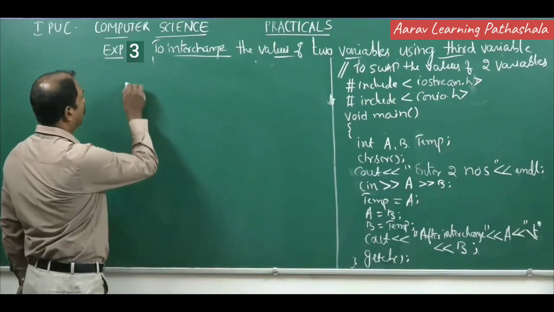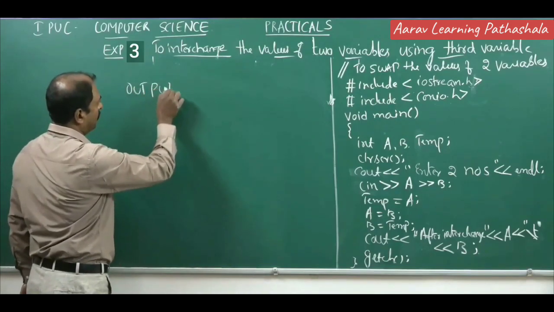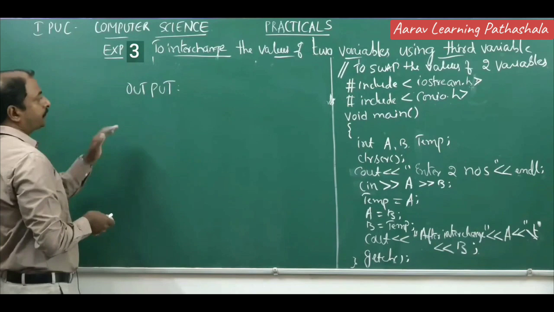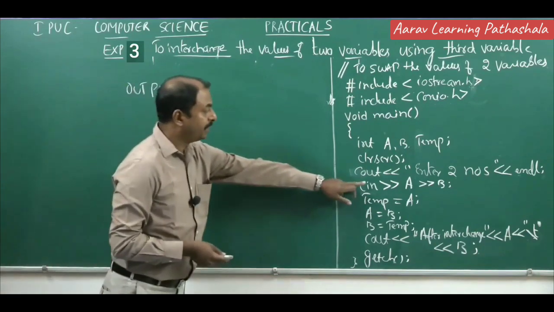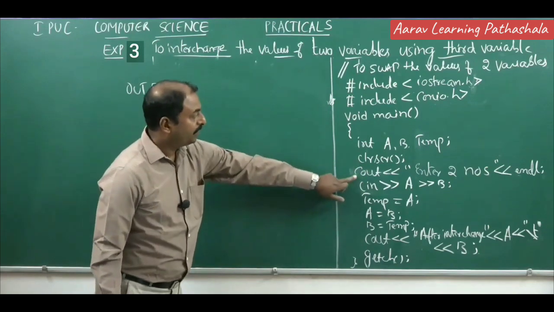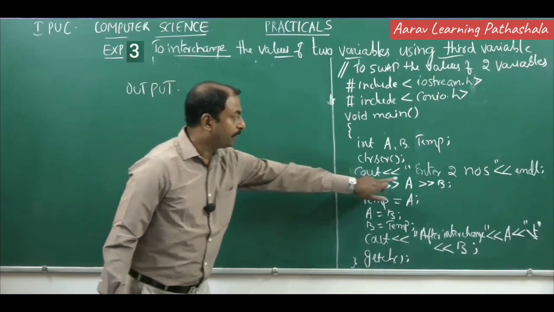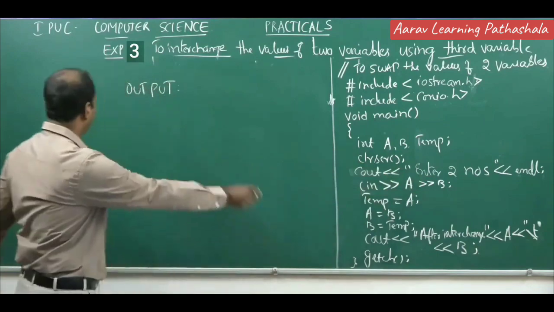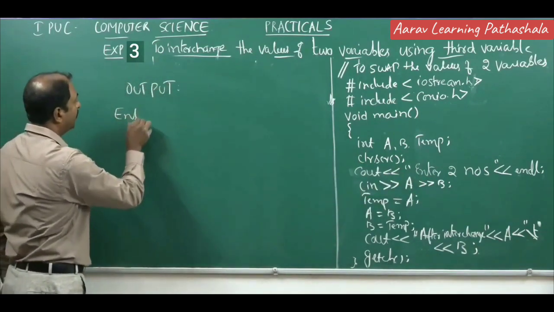The output of the program would be as follows. In the executable section, first clear screen, so the output will be cleared first. Then, because of this output statement, enter two numbers will appear here in the first line.